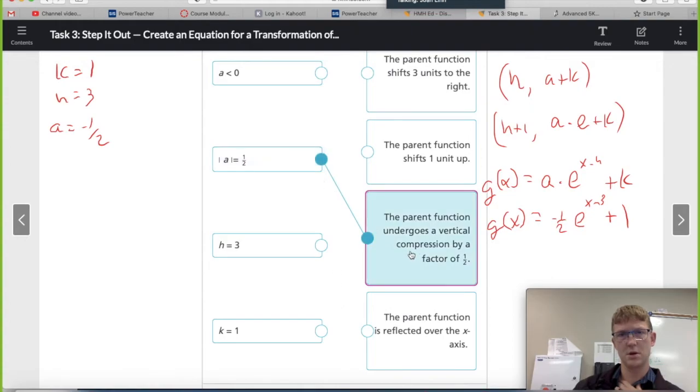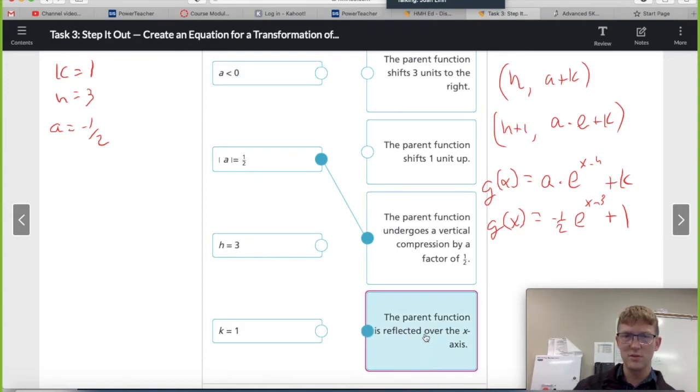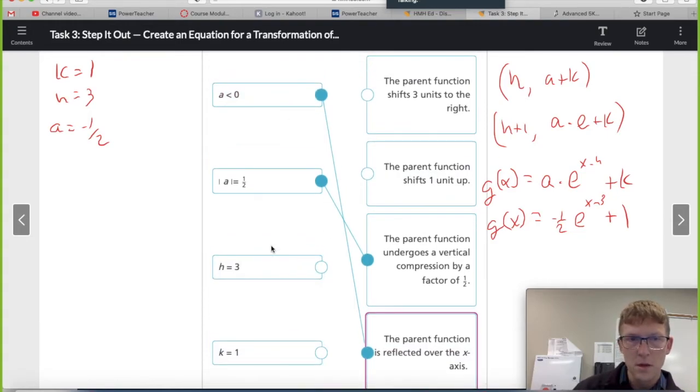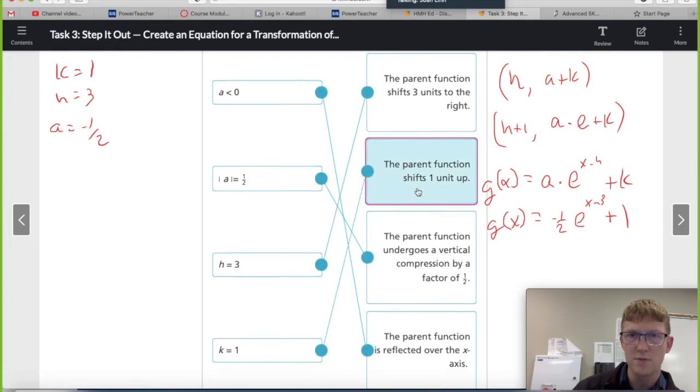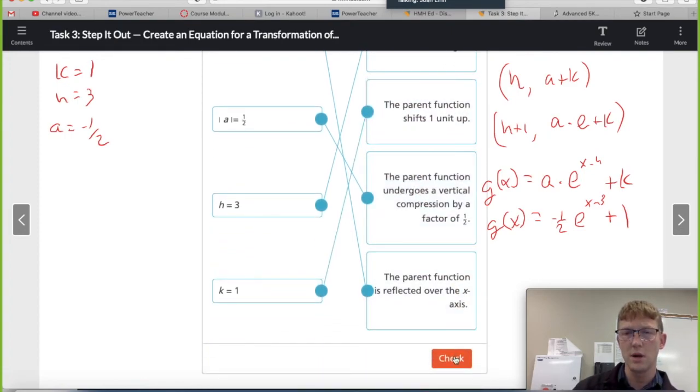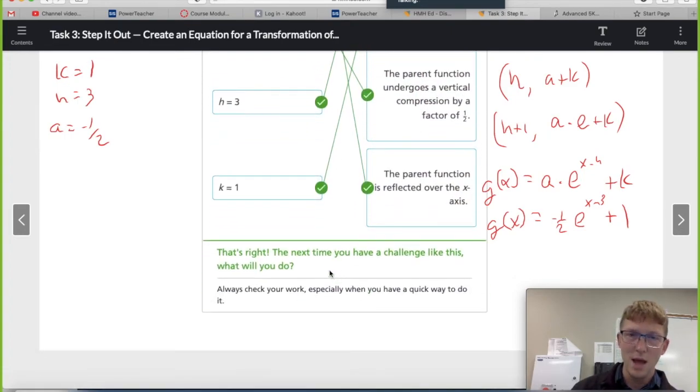Yeah, so this one is a vertical compression by 1/2. A being less than 0 is a negative, the parent function is reflected over the x-axis. My brain thought a less than 1, so that's why I was a little confused. So h equals 3, parent function shifts 3 units to the right, and shifts 1 unit up. Yay!